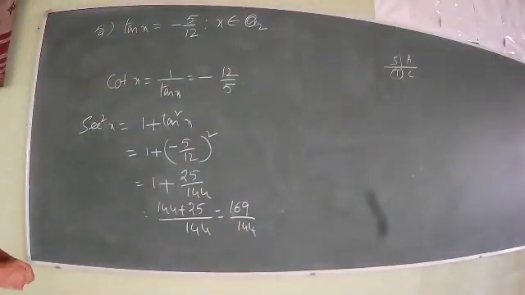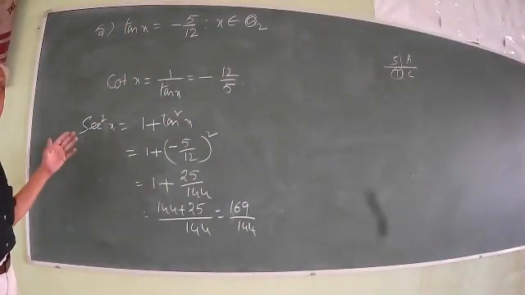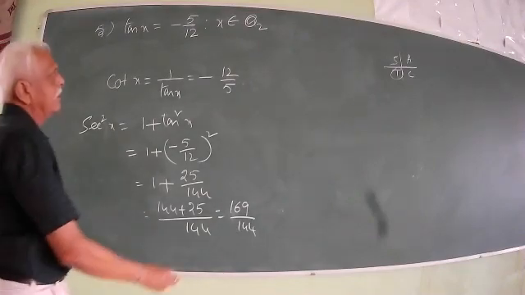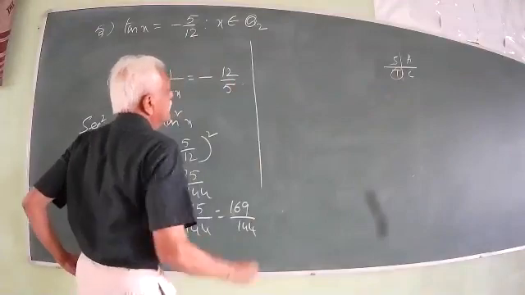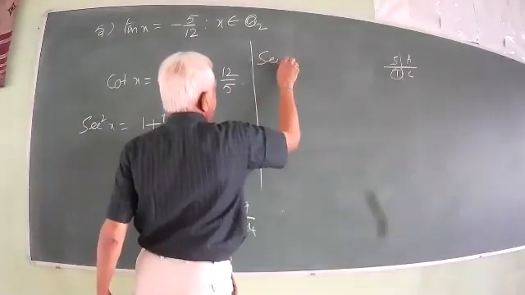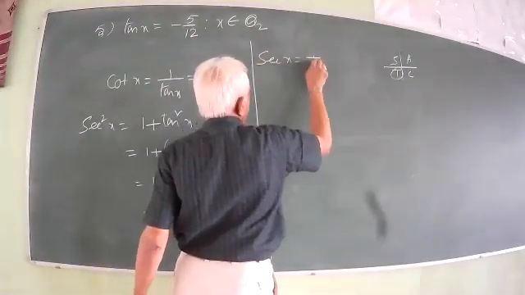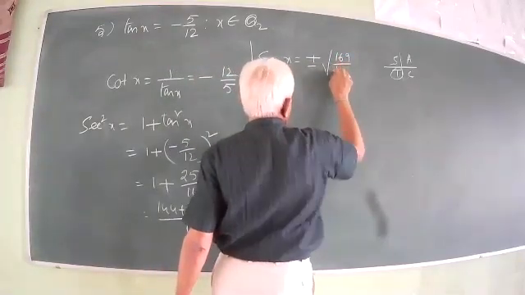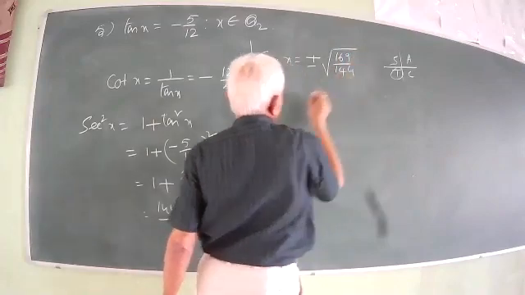So come on, be fast. We got the secant square x value. Secant x is equal to plus or minus root of 169 by 144.